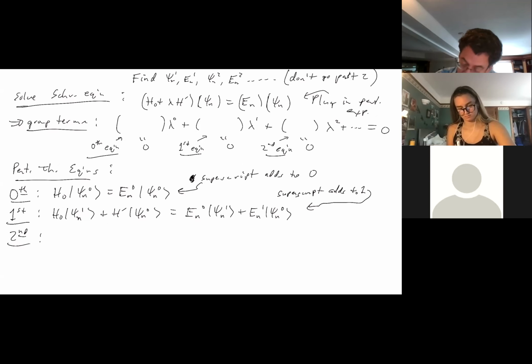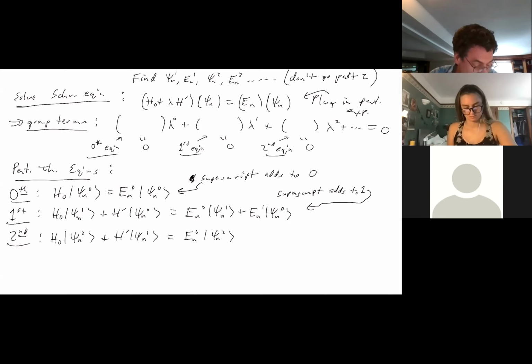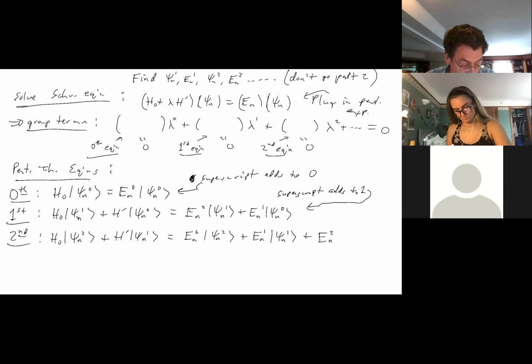Let's write the 2nd order equation. H naught psi n 2, see, the superscript adds to 2, plus H prime psi n 1, the superscript adds to 2, equals E n naught psi n 2 plus E n 1 psi n 1 plus E n 2 psi n naught.